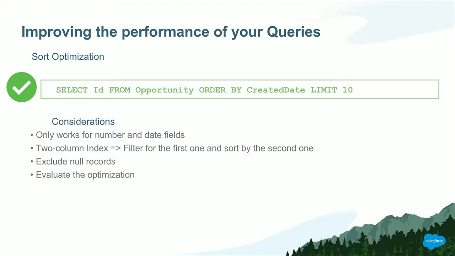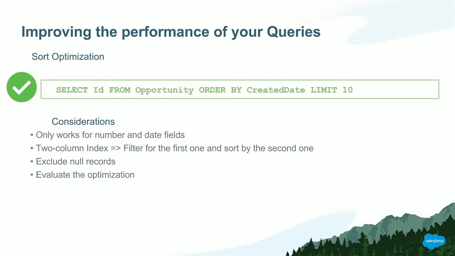telling to the query optimizer to start to analyze from the top or from the bottom of the table, because the index table are ordered by default. And when we use an order by bound with a limit clause, we are telling to the query optimizer to start to analyze our records from top or bottom of the table and start to include all the records, and when the limit is reached, it returns all the records and stops to execute or to search more records.